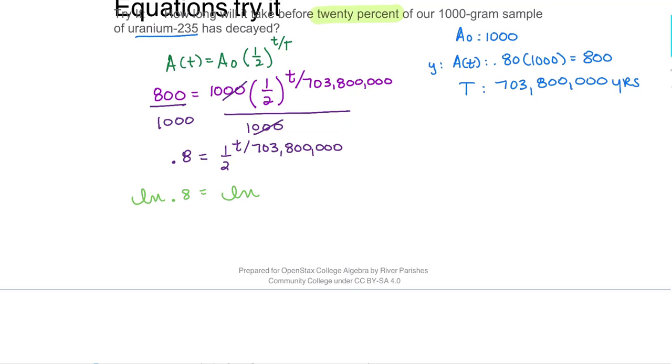So we're going to, and let me just write this in different colors so you can see, take the natural log of 0.8, and then take the natural log of 1/2 to the t over 703,800,000. Okay, this one gets a little complicated. What you can do is take that exponent, and remember now that it's a log, we can move it to the front.